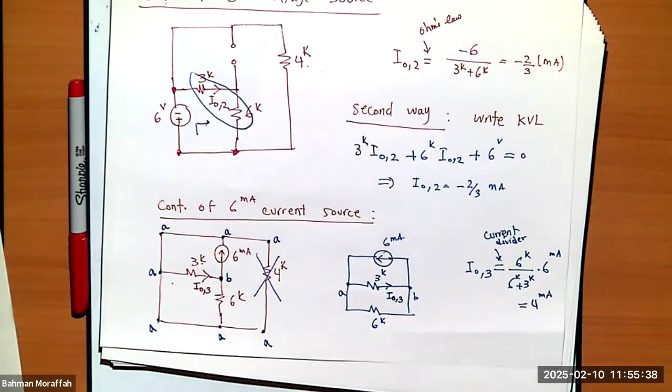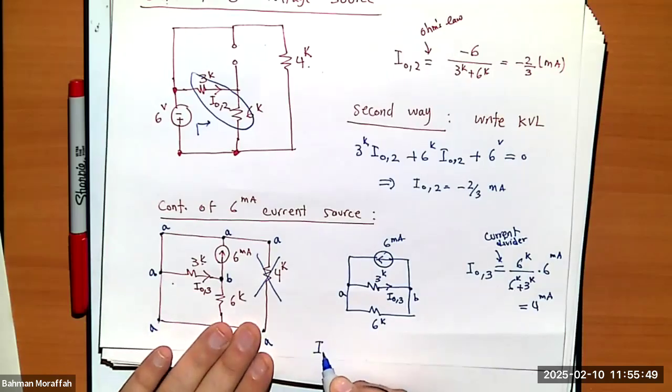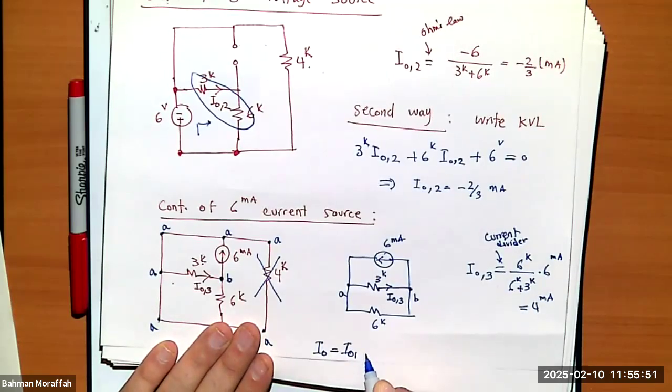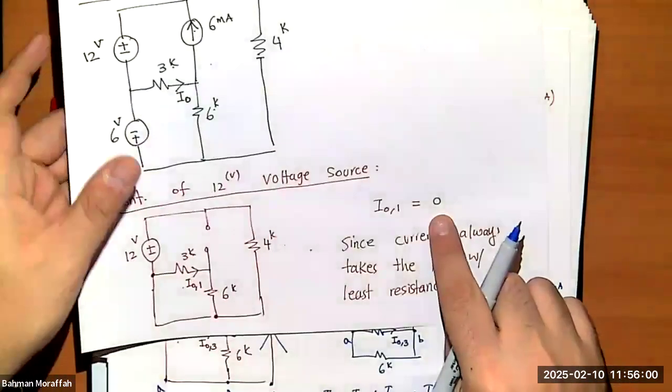What is I naught in total? It's just a summation of all the contributions with their signs. So I naught is I naught 1 plus I naught 2 plus I naught 3. We computed I naught 1 to be 0.